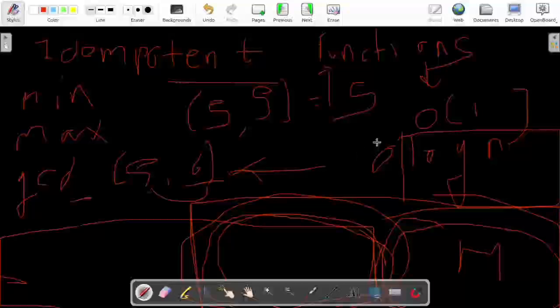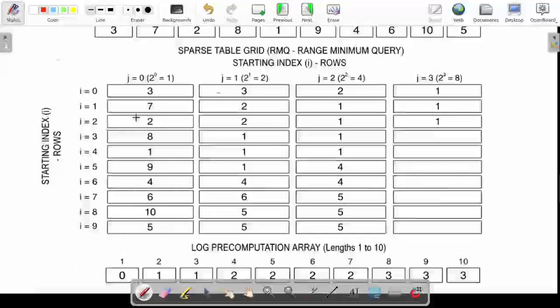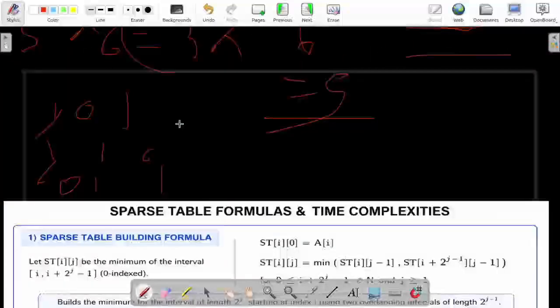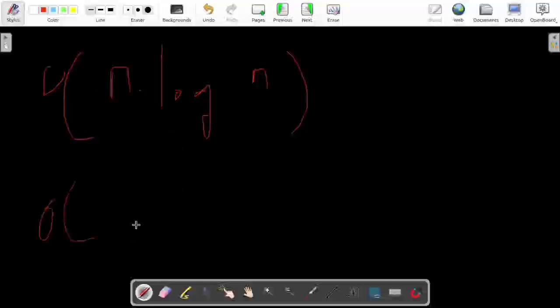Okay, we didn't discuss the space complexity. Now it's pretty simple. This is our time complexity, n log n, because this many elements we are calculating in the sparse table. Now, if we are storing this many elements, of course, we will need this much space.